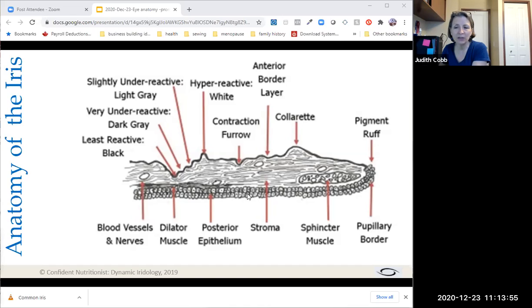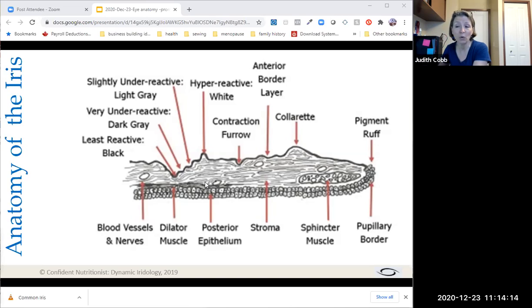Now, when we look just inside the posterior epithelium, we're going to see some muscle fibers here. This is sometimes called the posterior membrane, or more correctly, it's called the dilator muscle. So this is the muscle that is responsible for opening up the pupil.